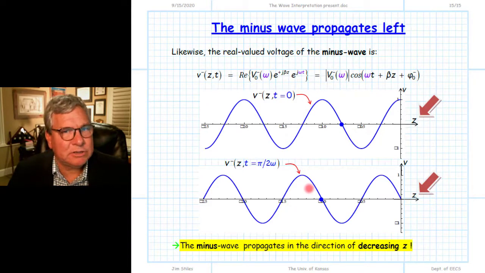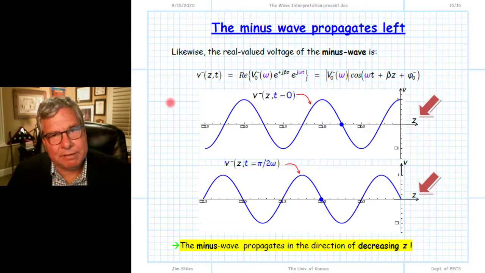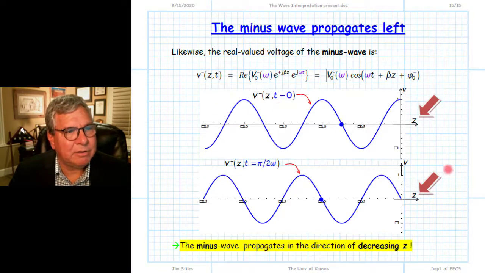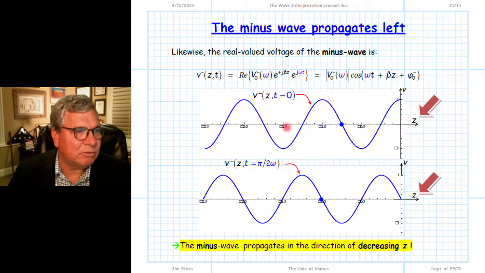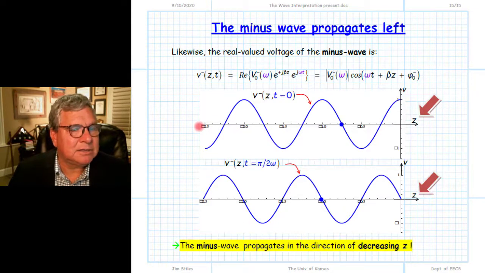One has slid in relation to the other. If we attach our little dots to try to figure out which way it's sliding, we find in this case it's sliding to the left. As time goes on, the crests of this function will slide to the left, and this indicates then an electromagnetic wave propagating in the direction of decreasing z, in the direction where z is becoming more negative, in this case, of course, from right to left.